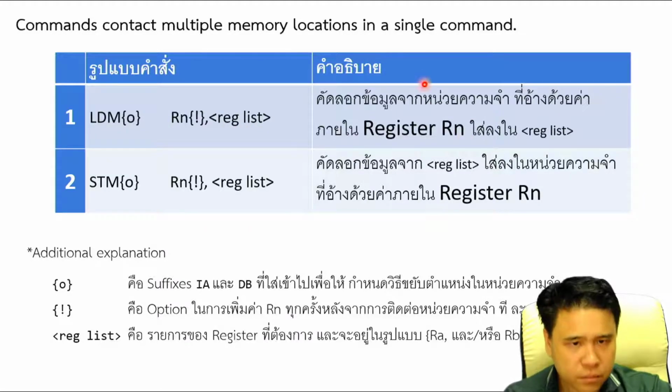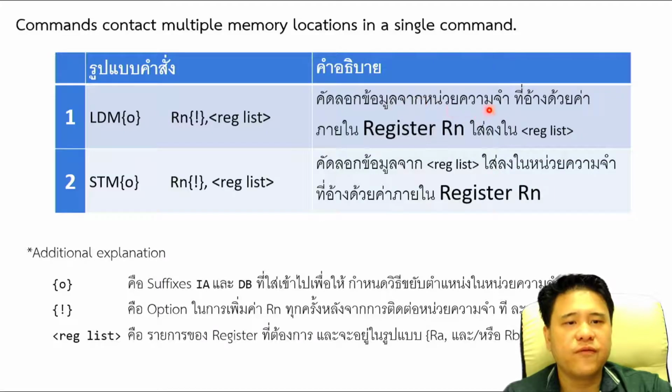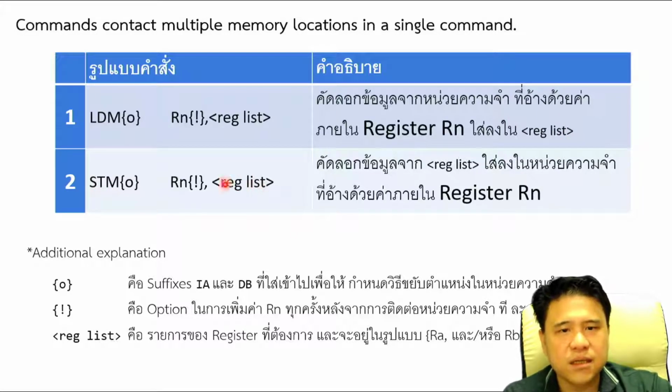They copy the memory pointed to by register Rn and place it into the register list. And this one is store: they copy the values in the register list and place them into the memories pointed to by register Rn.